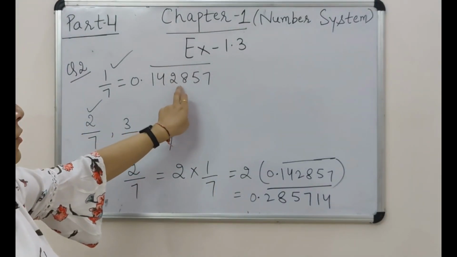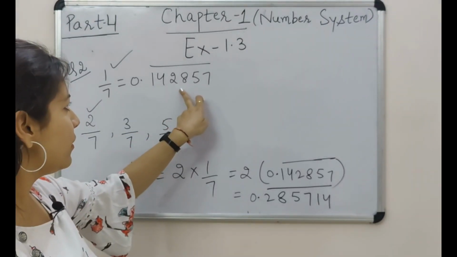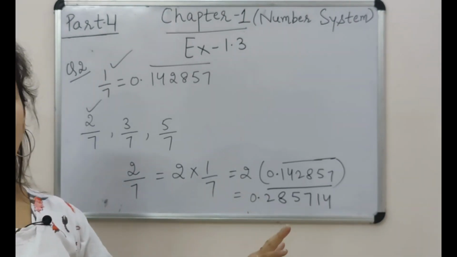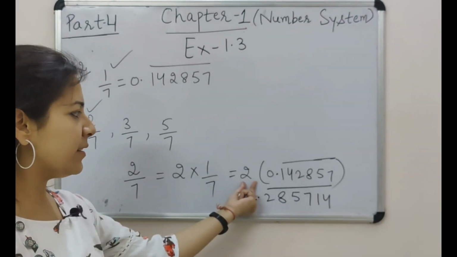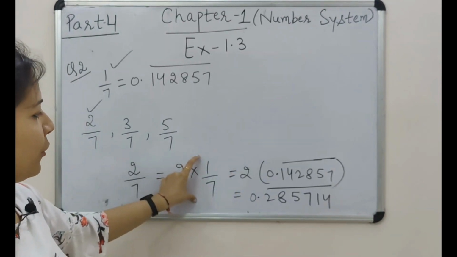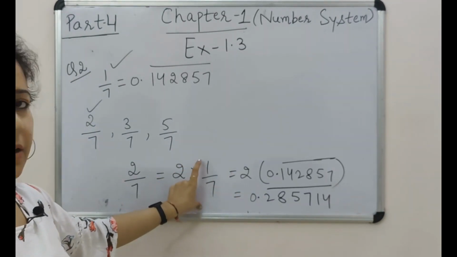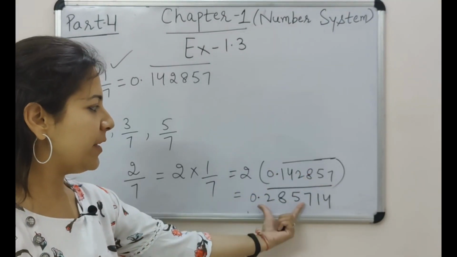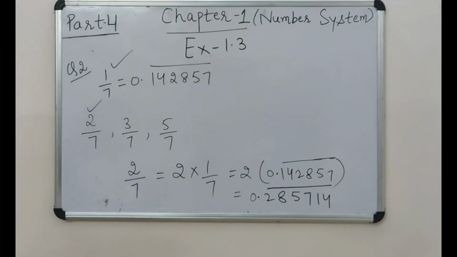Here it was a non-terminating and recurring decimal expansion. The 2 remains as it is, and we put the value of 1 by 7 in its place. When you multiply 2 with this decimal expansion, this is what you get.